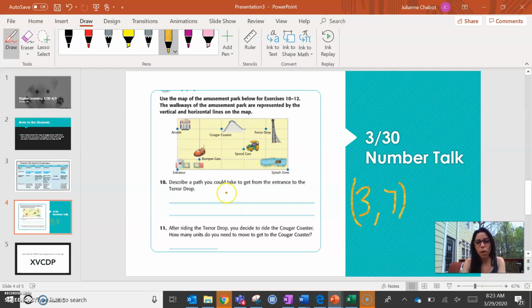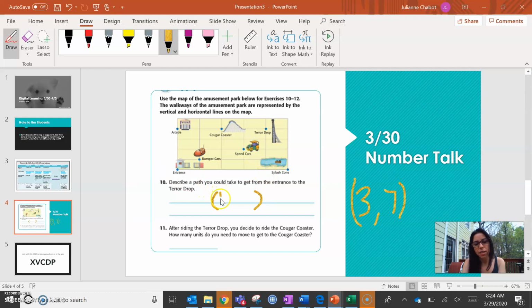So now, with that in mind, let's think about what our x and y would be if we wanted to get to the terror drop. Here's the entrance. We've got to go 1, 2, 3, 4 units over, because now we can see if we go straight up, we're going to get to the terror drop.